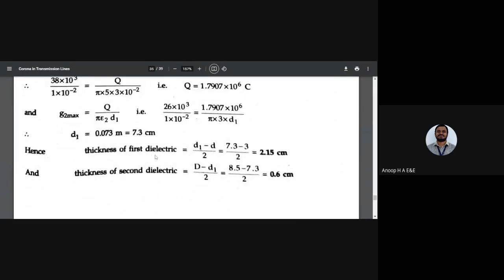So the thickness of the first dielectric is D1 minus D by 2, and the second dielectric is capital D minus D1 divided by 2. Okay, so substitute the values what you have got, and thickness of the first dielectric is 2.15 centimeter, and second dielectric is 0.6 centimeter. So that's what you are going to get.